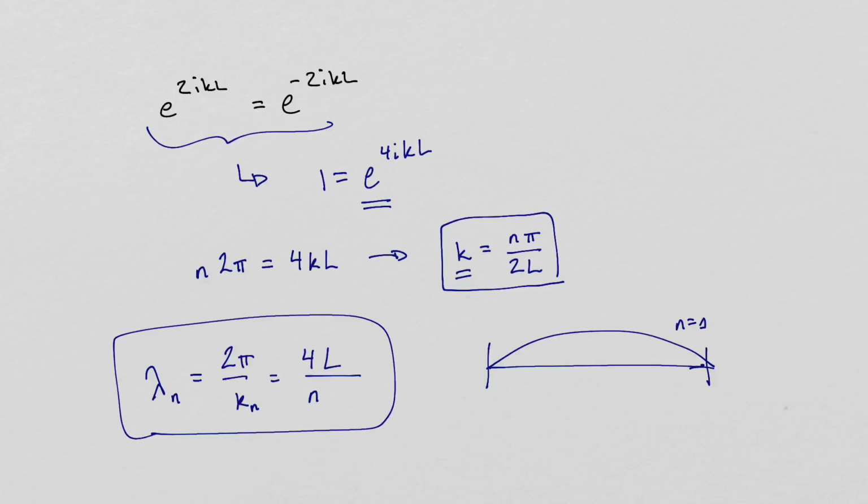And so you knew this, right? You knew that I had a quantization condition on possible allowed values of the wavelength, but now we were able to actually get it from the wave solution. And so a good boundary condition gives us a good rule and allows us to quantize the possible values of k, which of course allow us to quantize the possible values of omega. More on that when we get to Fourier series.